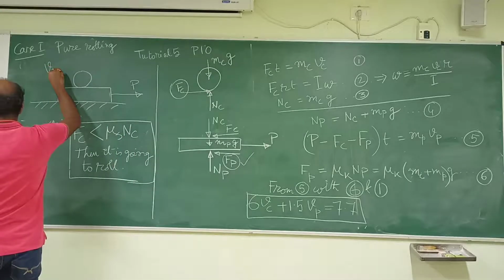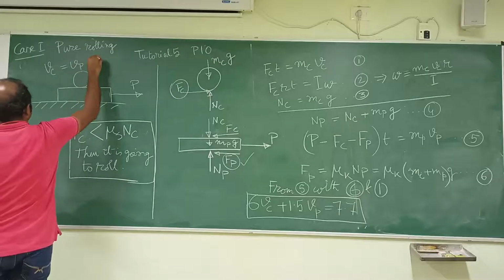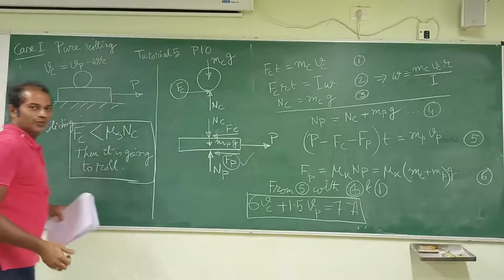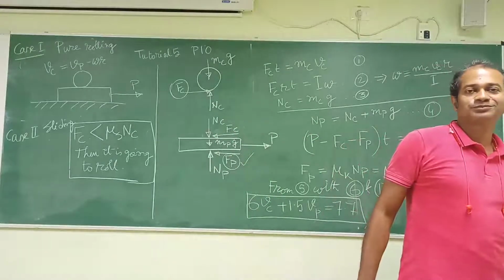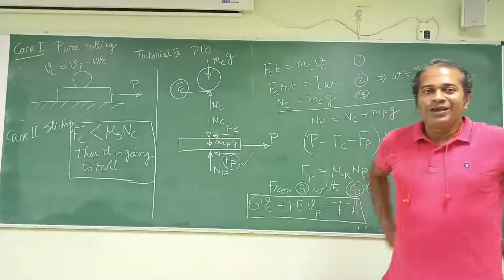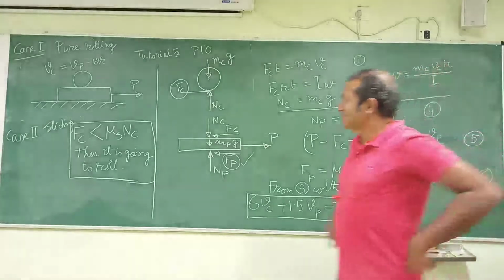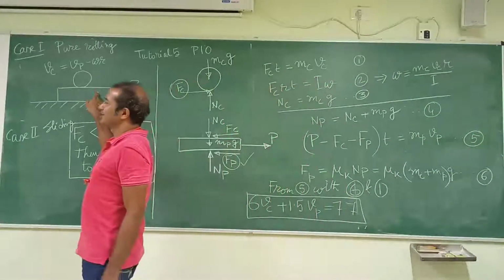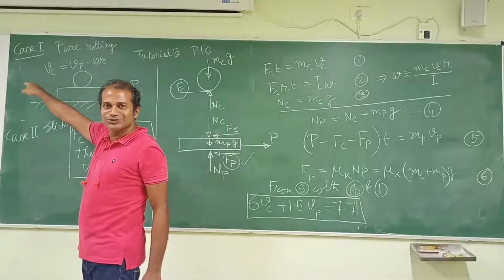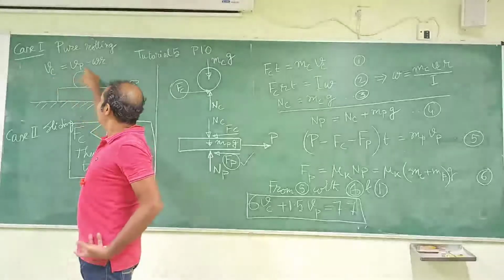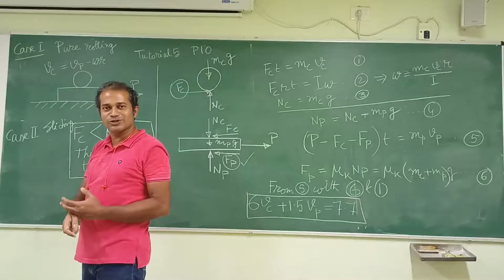If it is undergoing pure rolling, then you can write VC is equal to VP of the plate minus omega. Are you understanding this part or not? The velocity of the cylinder is going to be the velocity of the plate minus omega at the rate it is going to move. Because all these quantities are in the absolute frame. I am defining with respect to the absolute frame.